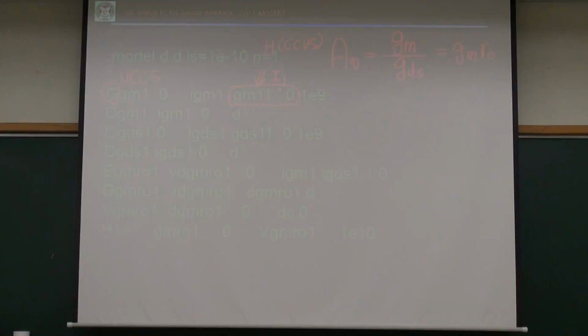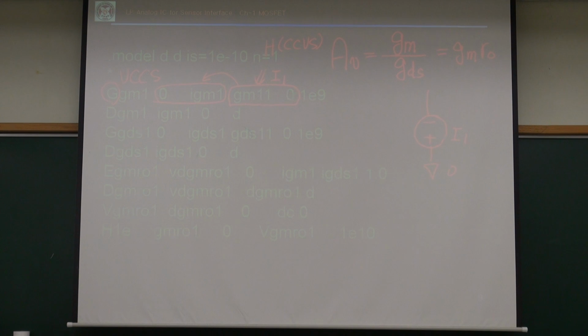The voltage drop across this GM1 node and ground is just I1. And then this is converted into voltage across this node. So this is a 0 node, and then my I1 is applied like that.